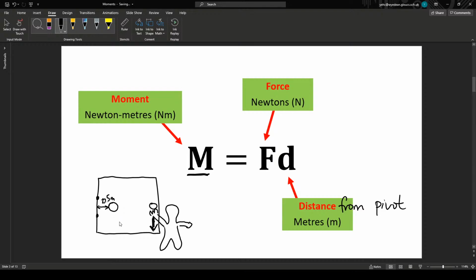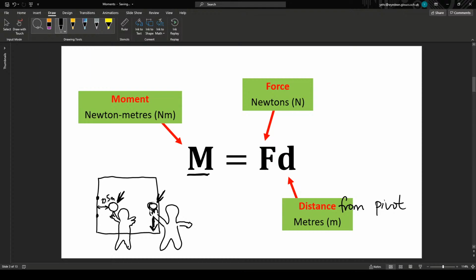Let's say you applied the same amount of force, but this door handle is close to the pivot, whereas this second door handle is far away from the pivot. The moment of this door handle would be super low, whereas the moment of this door handle would be a lot higher.